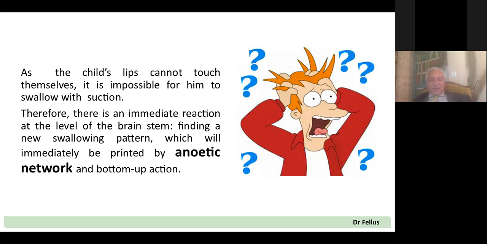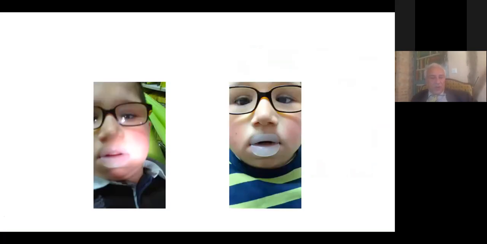And this new swallowing pattern will be immediately imprinted thanks to this anoetic network. Anoetic is quite the same as a bottom-up action: the sensation comes from down and goes up to the brain. And this child is very important.